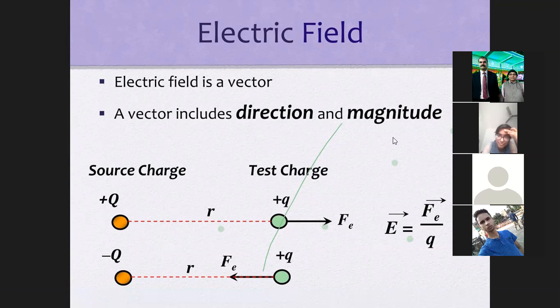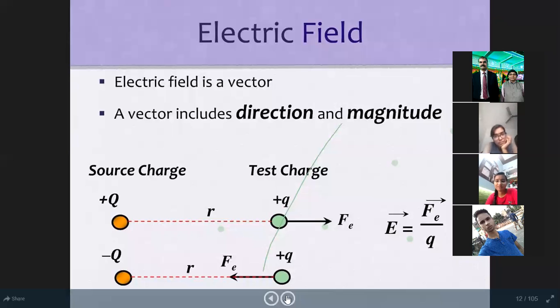First, it must have magnitude. Second, it must have direction. And third, it must be added or subtracted in accordance with the principle. If two primary conditions are fulfilled and the third one is not fulfilled, then it is not a vector. So electric field is a vector quantity.